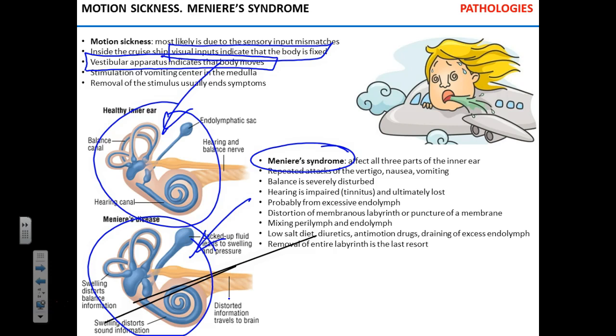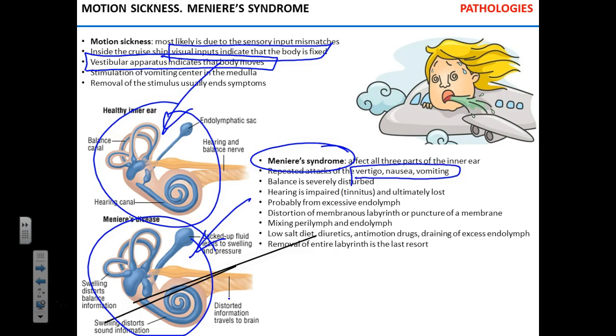Okay? So, what happens? That swelling completely messes up the work of all sensory receptors, mostly, of course, maculae and crista ampullaris. So, the inputs from maculae and crista ampullaris through the vestibular nerve will become mismatched with the visual inputs, which leads eventually to the vertigo, nausea, and vomiting.